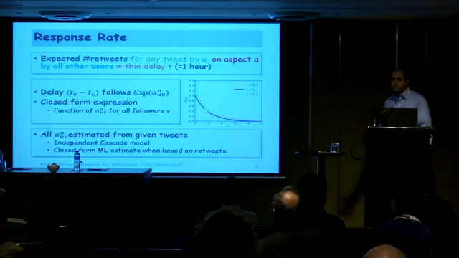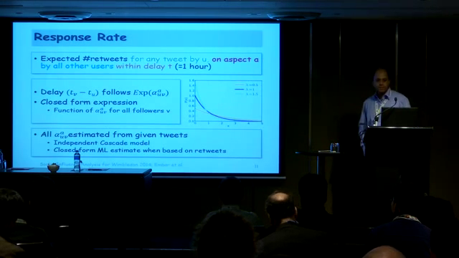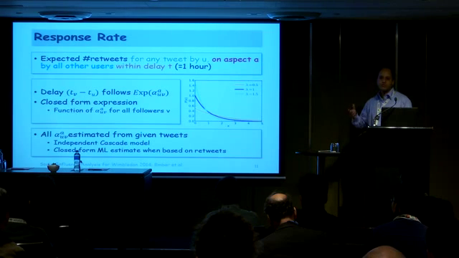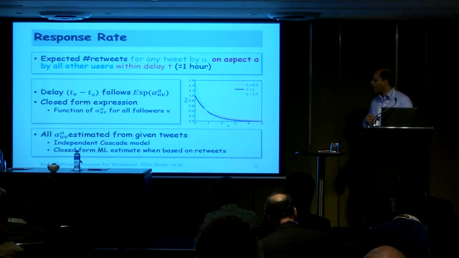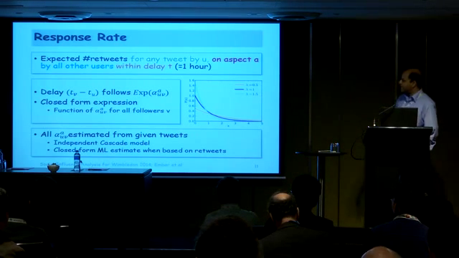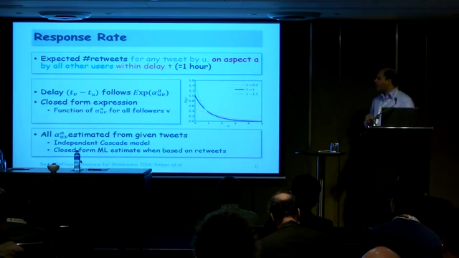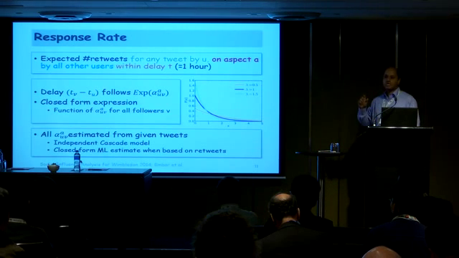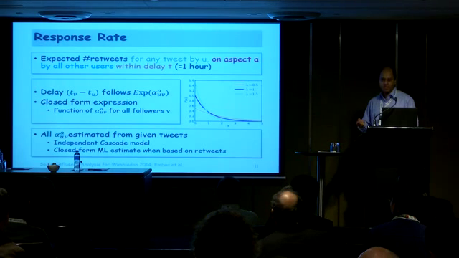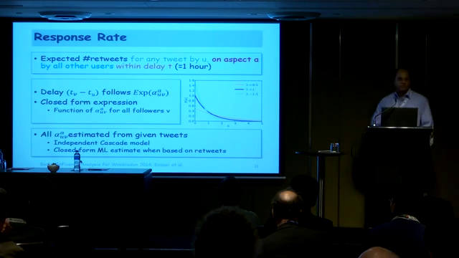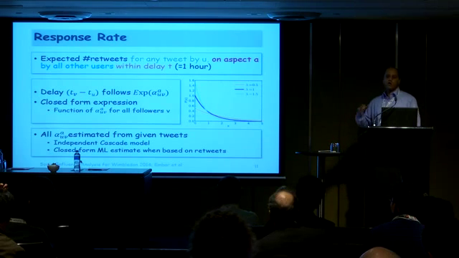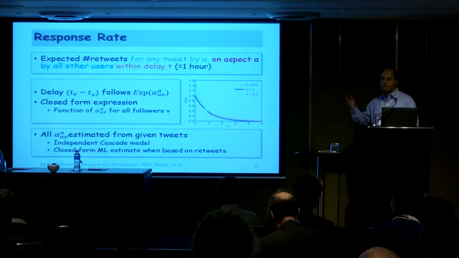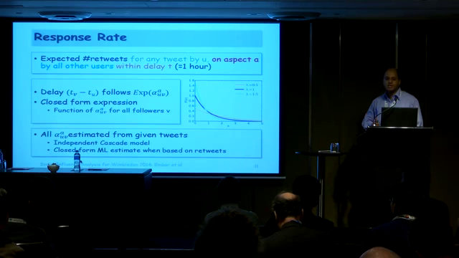So one notion that we borrowed from the network influence community is this exponential distribution for modeling these delays between a post and a retweet. So you can see the nature of delay of the exponential distribution. And importantly, this exponential distribution is specific for a pair of users and for a specific topic. And if we are given these distributions or the parameters of these distributions, then we can calculate this expected response rate in time that is linear in the number of followers of a particular user.